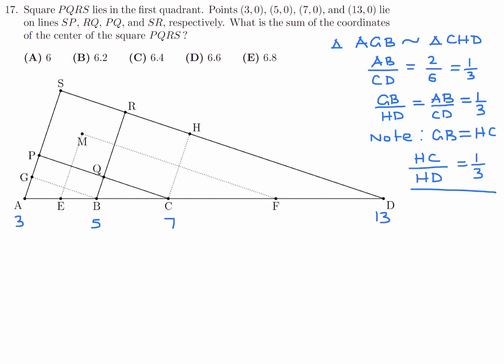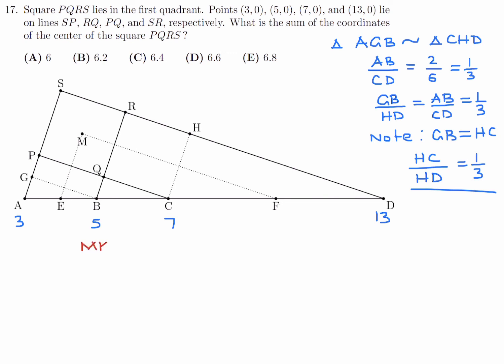So now we turn our attention to this triangle in here, EMF. In that triangle, you'll notice M is the midpoint. So this midpoint, if we can find its coordinates, we can add them up and we're done with the question. Now, in that triangle, you'll notice there's a couple of relationships.